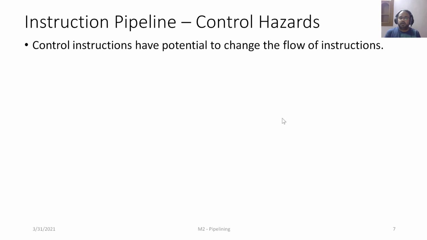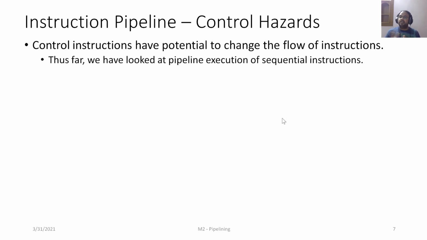What we have looked at so far is pipelined execution of sequential instructions, but now we are looking at pipelined execution of a sequence of instructions wherein we have the control instructions also. Because the control instructions have the capability to change the flow of instructions, the pipelined execution has some additional difficulties. We are going to understand them.